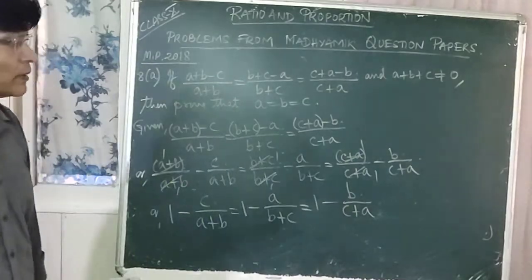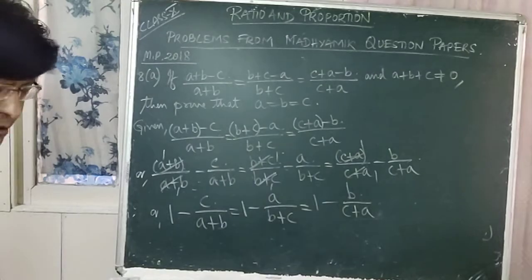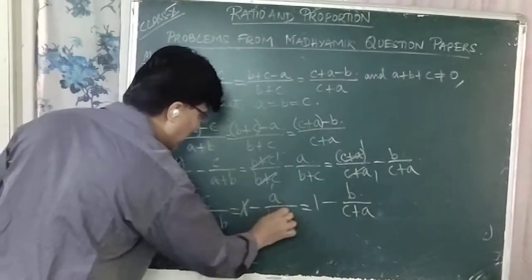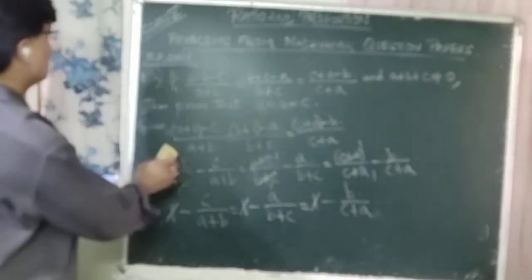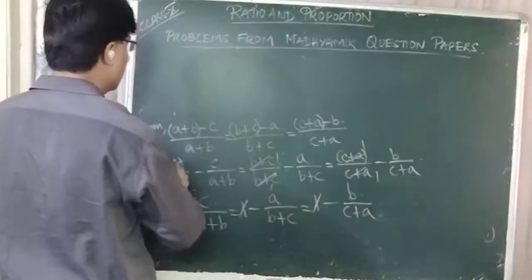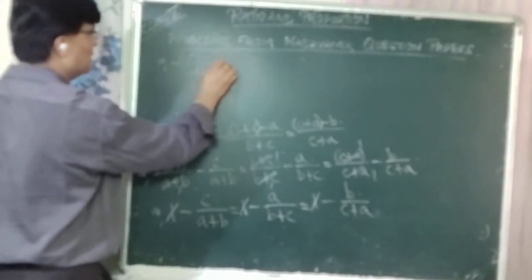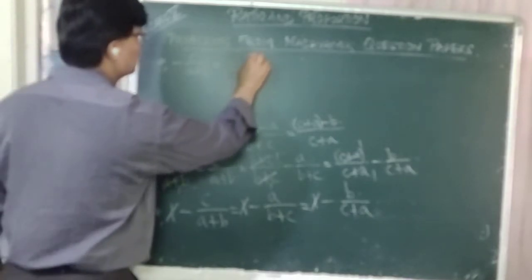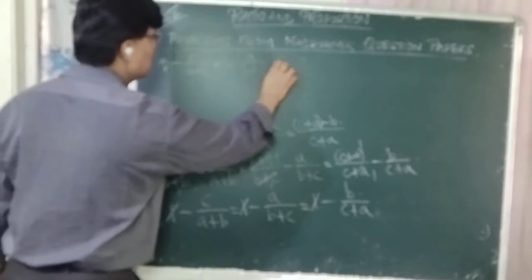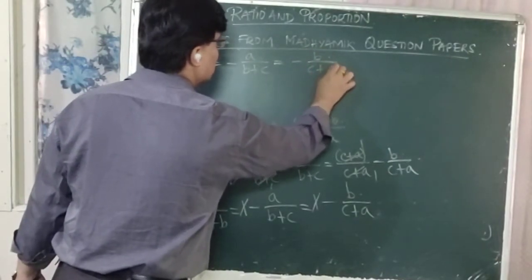Is it clear now? So what we will do here now, from all the sides you can cancel the common terms, this 1, 1, 1. These are common in all these terms, isn't it? That means you can cancel them. So what do we get? It is −C/(A + B) = −A/(B + C) = −B/(C + A).